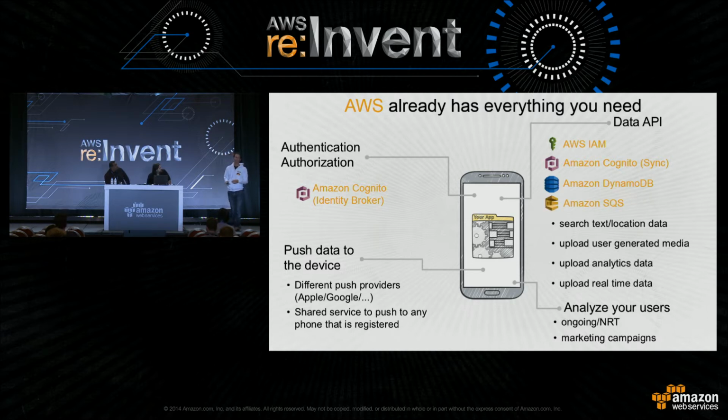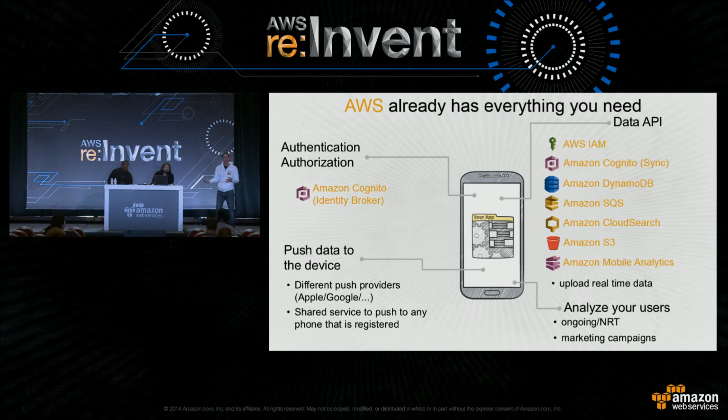Then for asynchronous communication, you have Amazon SQS. And then for text search and location search, you could use Amazon CloudSearch. Then, of course, for all the data that is stored and also the user-generated data, you could use Amazon S3. Then, of course, mobile analytics, we have a service for this. So just upload the mobile analytics.